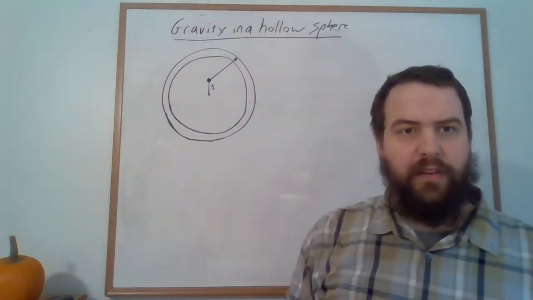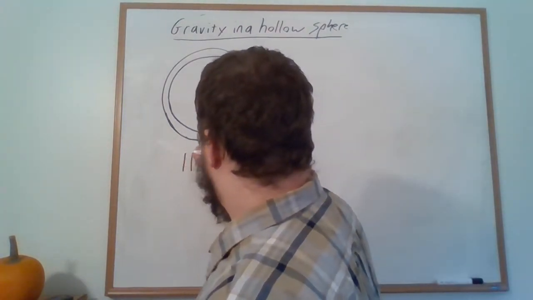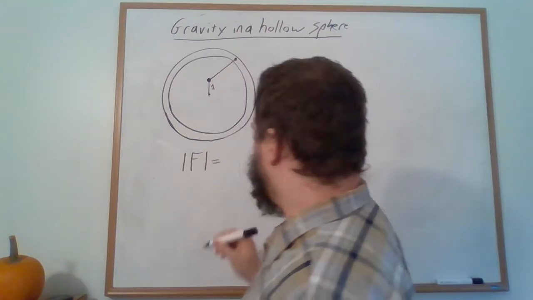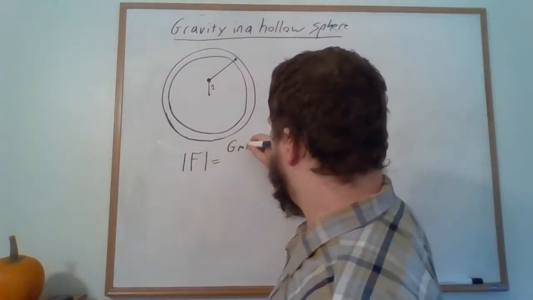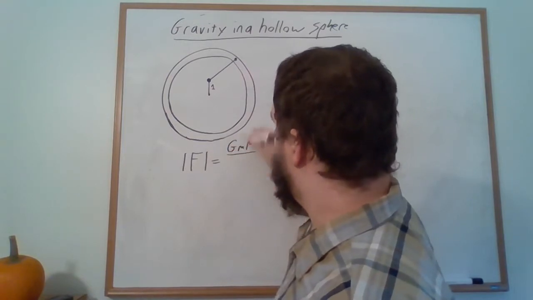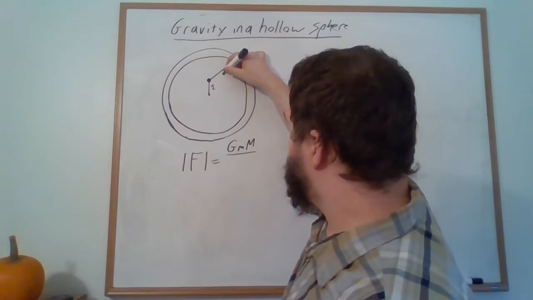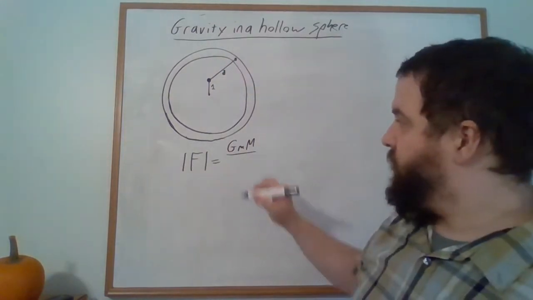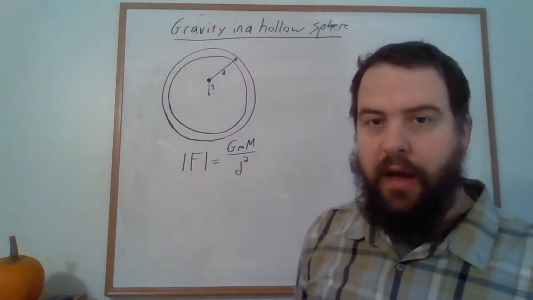The magnitude of that gravitational force is going to be, so let's call this distance d, it's going to be G M m over d squared.